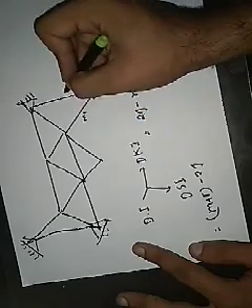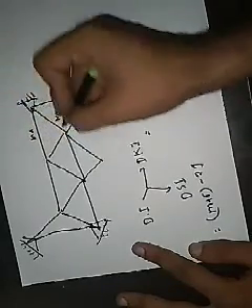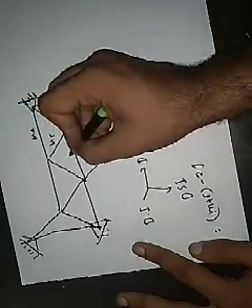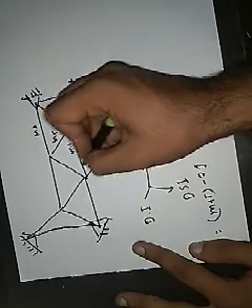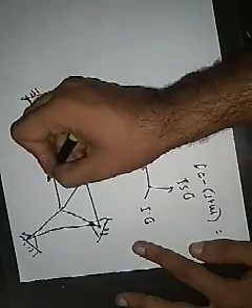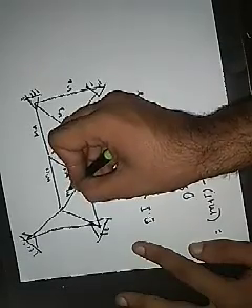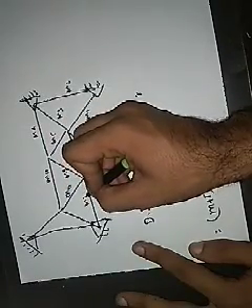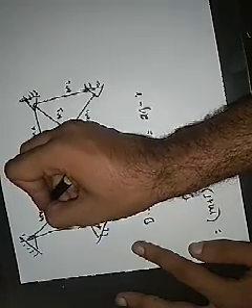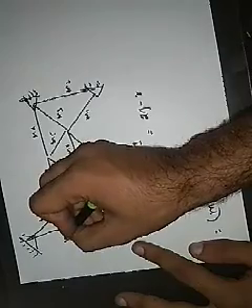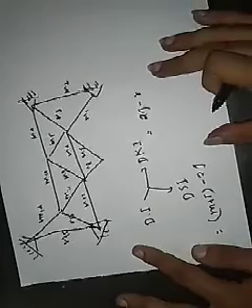Member 1, member 2, member 3, member 4, member 5, member 6, member 7, member 8, member 9, member 10, member 11, member 12, member 13, member 14, member 15. These are 15 members.